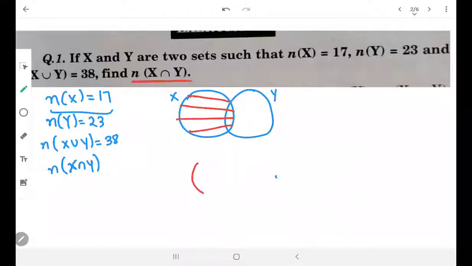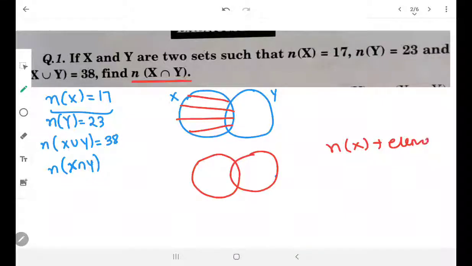But if I say x only, it means only this part. Do you understand the difference between these two?